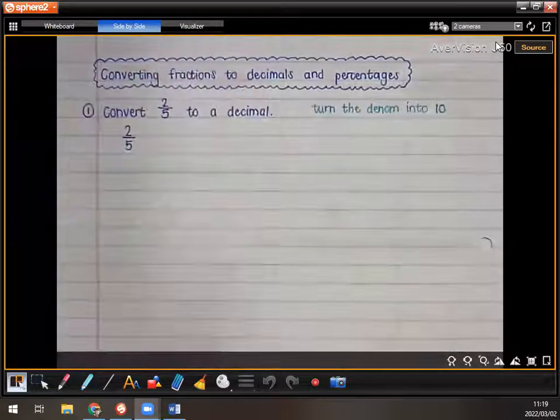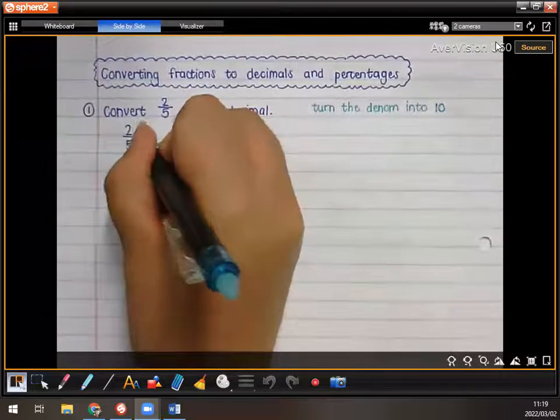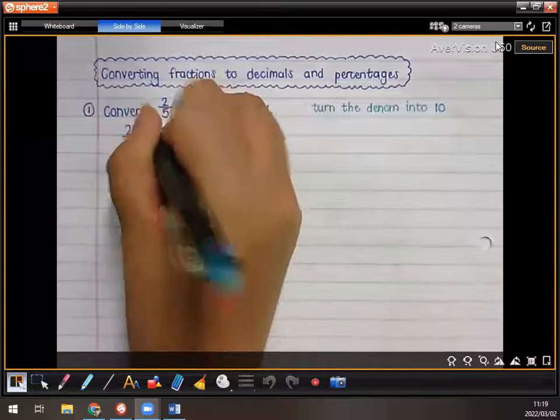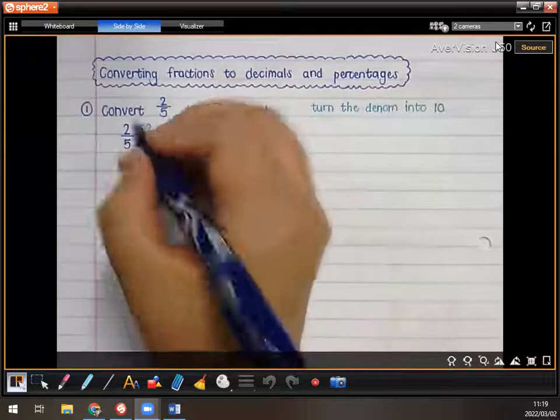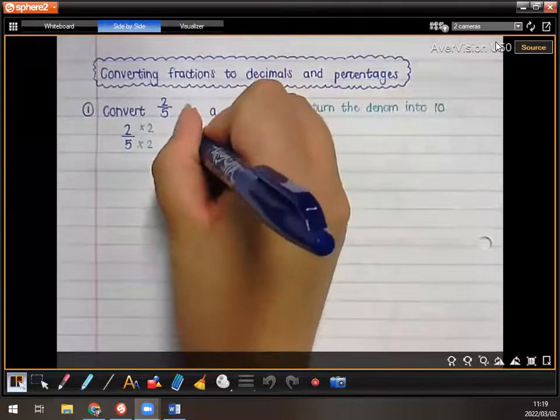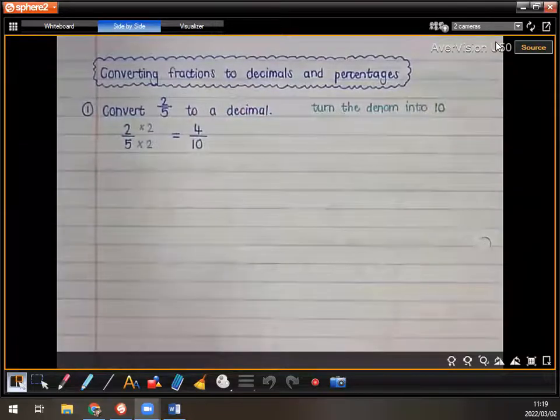So guys, how do you turn 5 into 10? What must you do? Times by 2, then you must do again the same thing at the top. So what is that? 2 times 2 is 4 over 5 times 2 is 10.